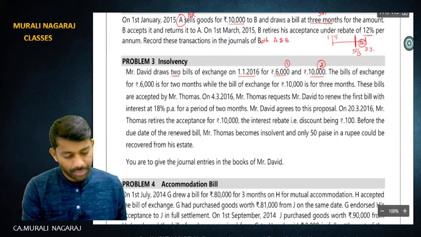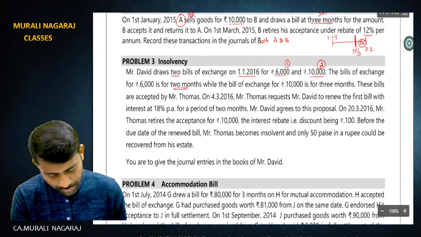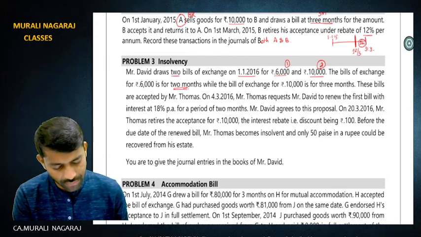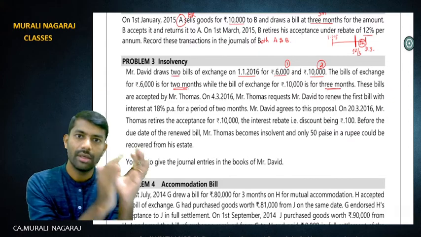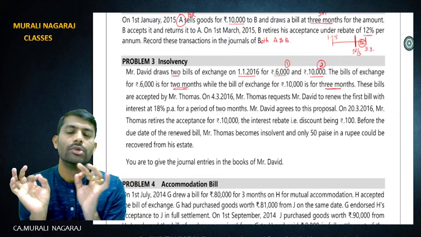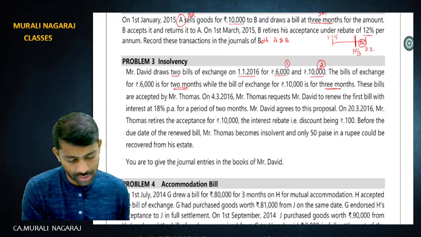One is for 6,000 and another bill is for 10,000. Now, the bill of exchange for rupees 6,000 is for 2 months, while the bill of exchange for 10,000 is for 3 months duration.